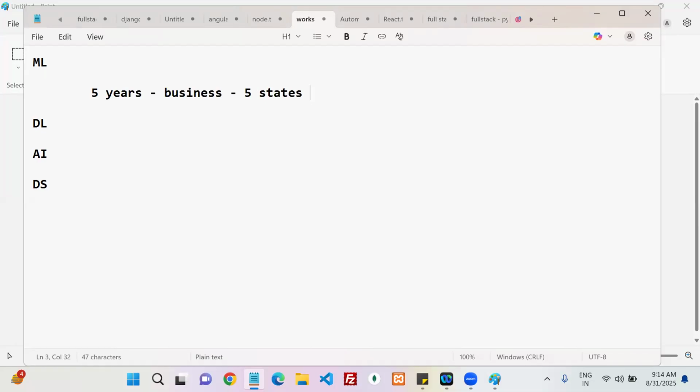Last 5 years in 5 states my business is like this. Now with this data, can I predict how the business looks next year? We can just assume, it's not exactly like that. But by reading this data, analyzing this data, understanding this data, I can predict the future, yes or no?